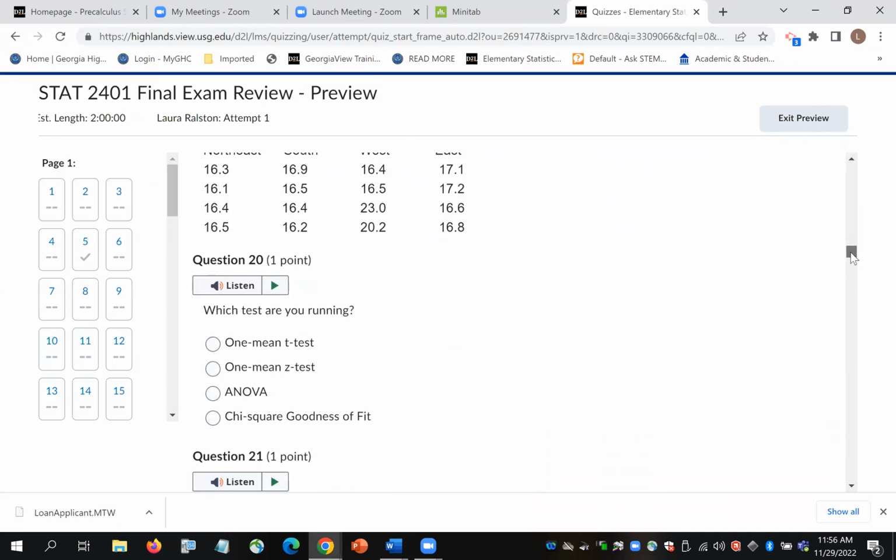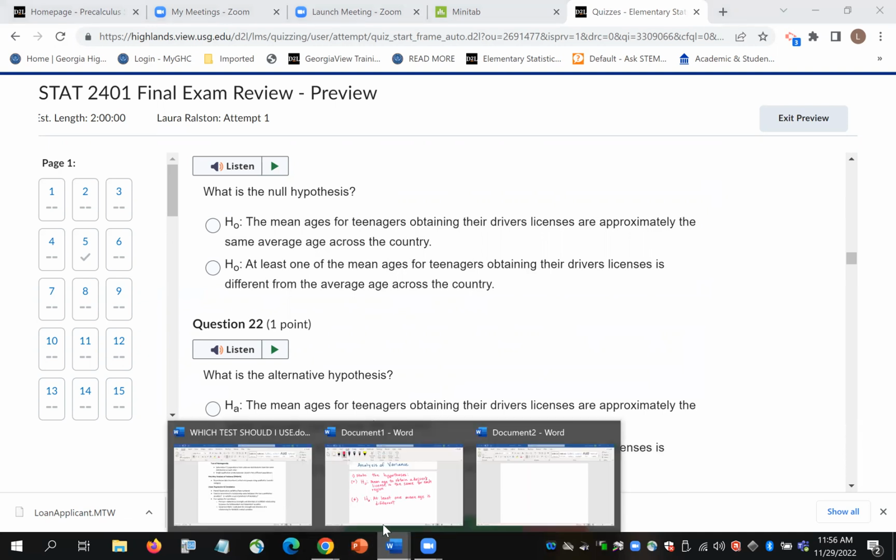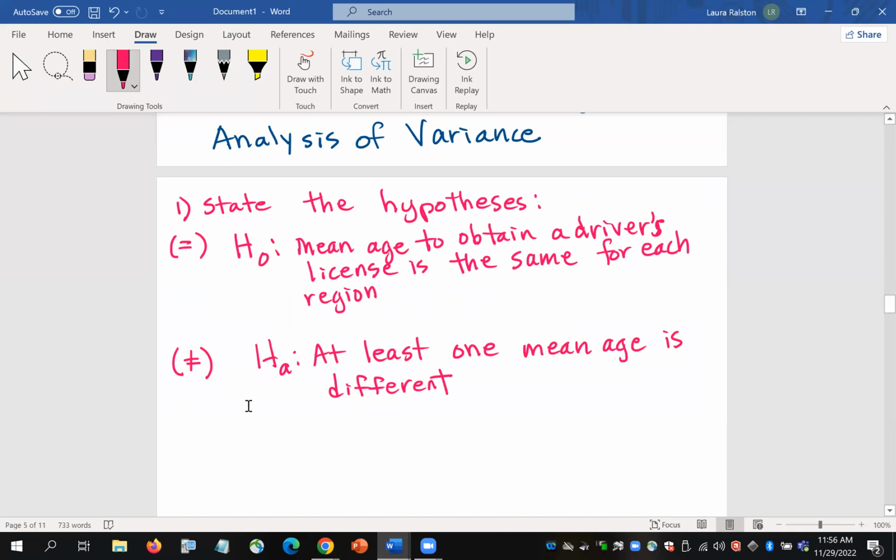So if we look ahead a little bit, they use the phrase, the mean ages are approximately the same. And then the alternative, at least one, is different. So I'm trying to use similar language again because I had looked ahead. So this kind of gives you a heads up. This is what you might be looking for.